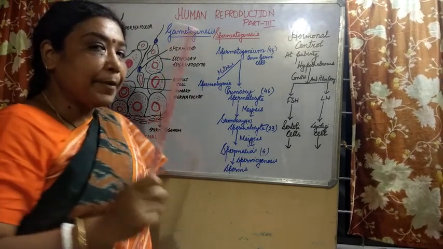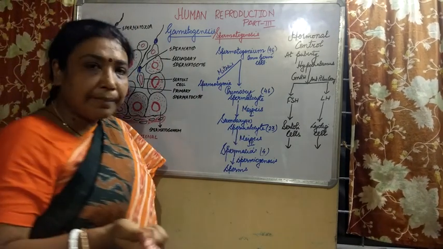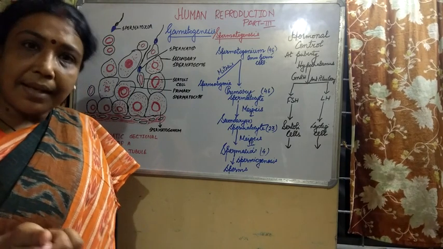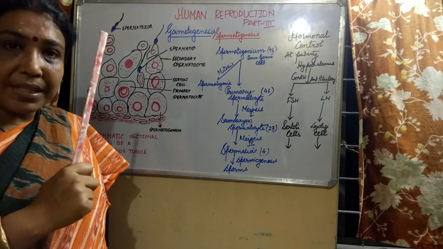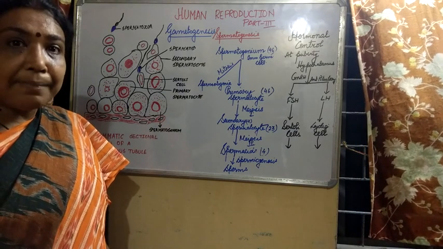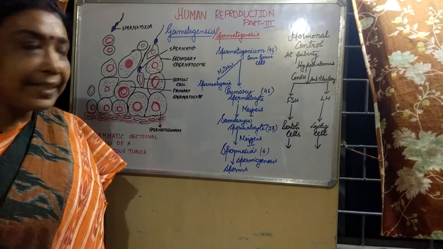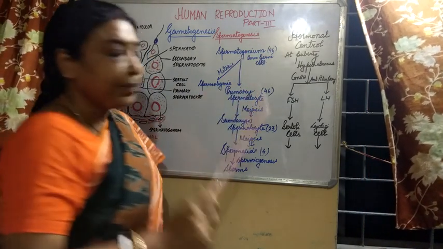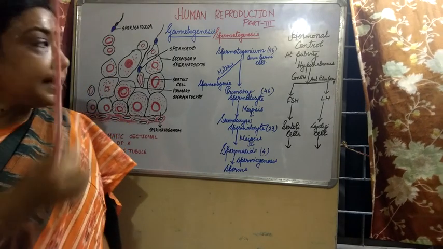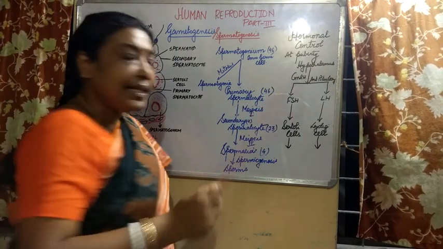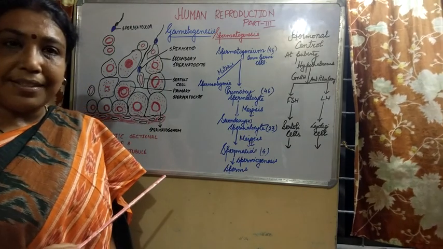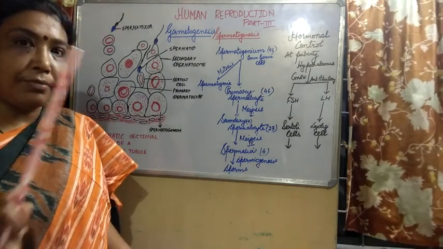Now see, at puberty, formation of sperm is taking place in males. At puberty, what does the hypothalamus do? The hypothalamus releases the gonadotropin releasing hormone at puberty, not before that.